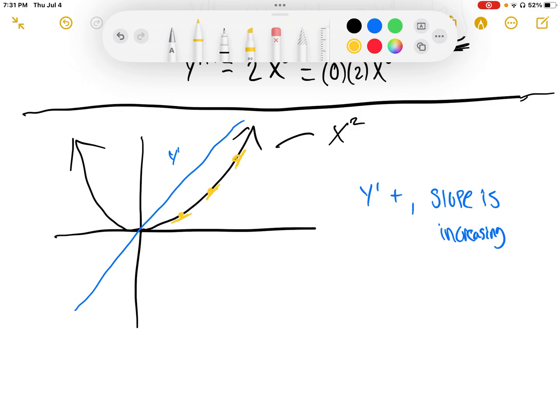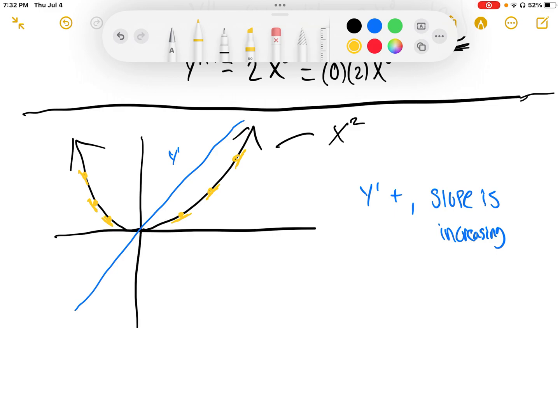However, you can see down here the slope is negative, y prime is negative. So that tells us that at this point, y is decreasing like this, it's decreasing like this, it's decreasing like this, and so on. So it's negative, but this is where it gets a little bit interesting.